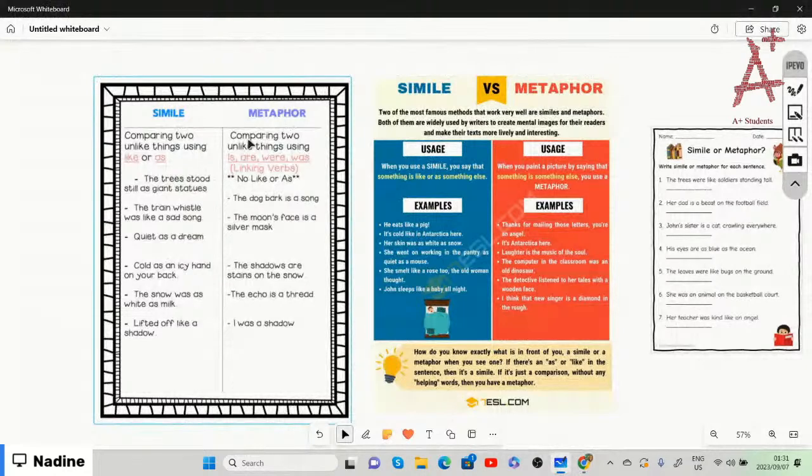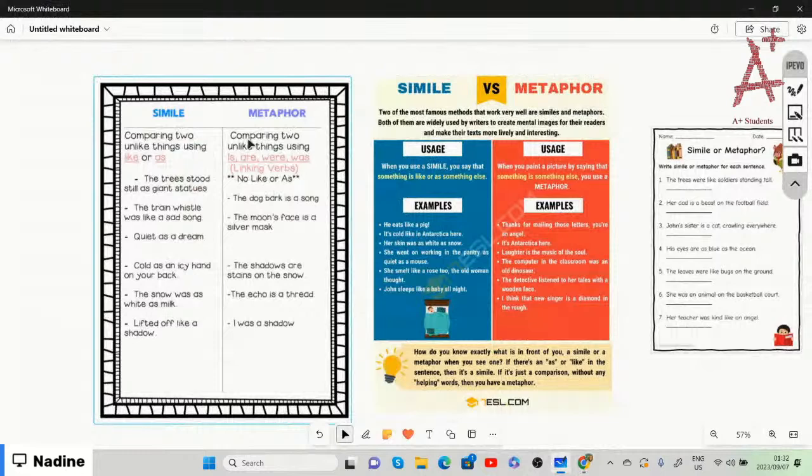Examples are: the trees stood still as giant statues, the train's whistle was like a sad song, quiet as a dream, cold as icy hands on your back, the snow was as white as smoke, and lifted off like a shadow.